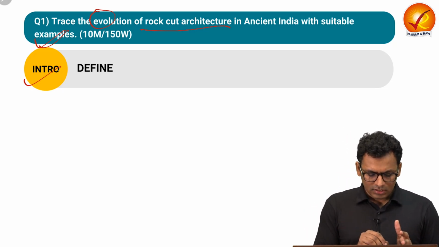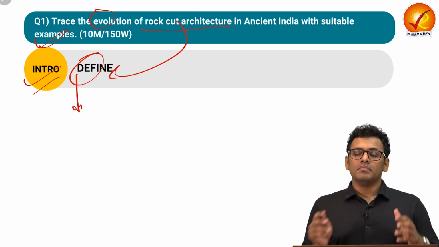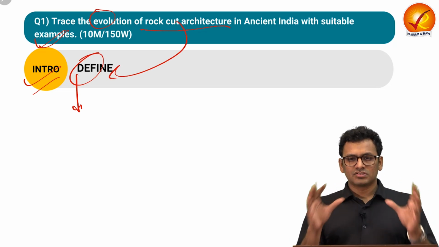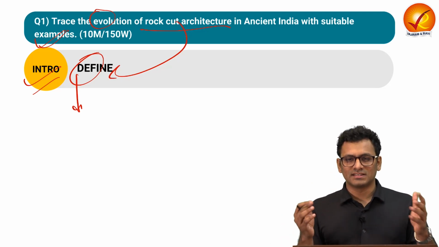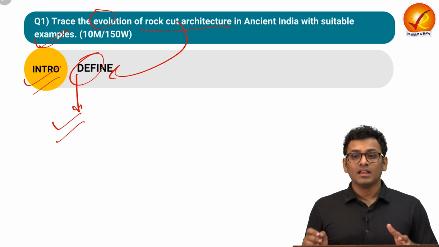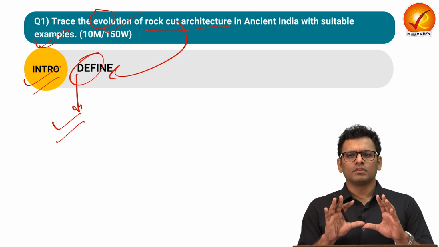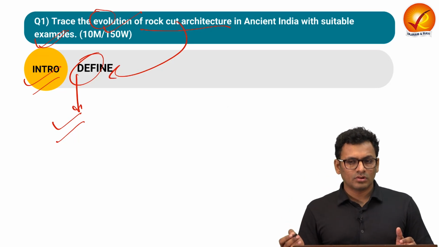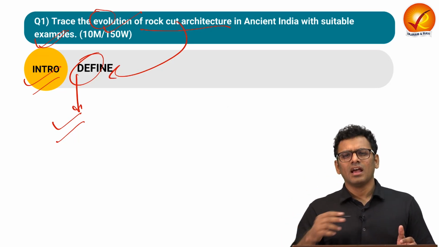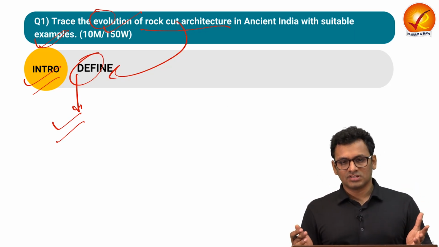So, in the intro, you can define rock cut architecture, where rock cut architecture refers to carving out the natural rock into structural elements such as caves, temples, monuments, sculptures, etc. In the body, you will talk about the evolution of the rock cut architecture. You can talk about different timelines and provide different examples, and that will be all for the body. And in the conclusion, you have the opportunity to talk about the conservation of the architecture and the importance of India's unique heritage. Also, you can talk about certain government initiatives to safeguard the Indian civilization and heritage.